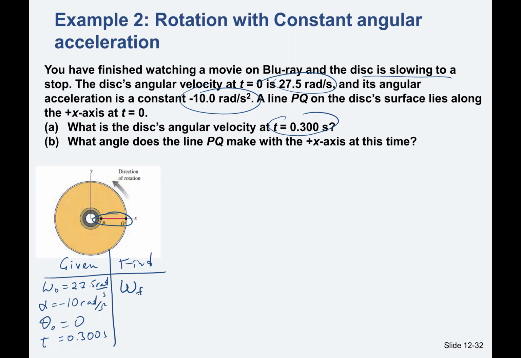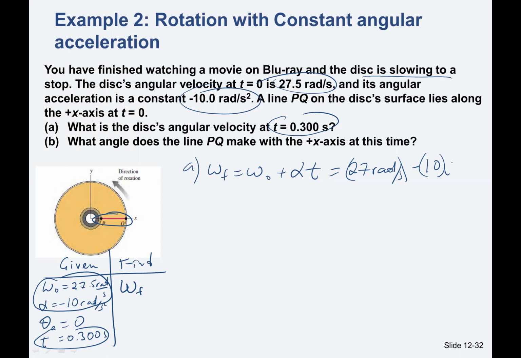Again, omega initial, alpha, time, those three things are given to you. How do we find omega final? Well, those two with the time is good enough for me to use equation 1, where omega final equals omega initial plus alpha times t. This equals 27.5 radians per second, then minus 10 times 0.3 seconds.